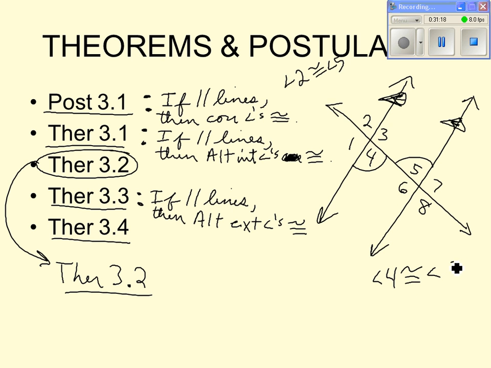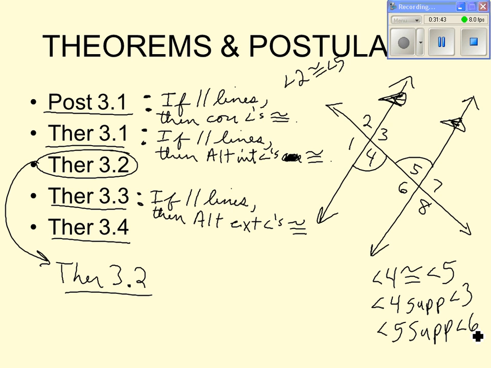We know that's true, right? What do you know about angle 4 and angle 3? They add up to be 180. They're supplementary. All right. What do you know about angle 5 and angle 6? They have to be supplementary.